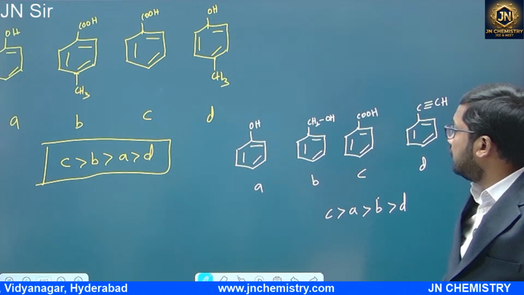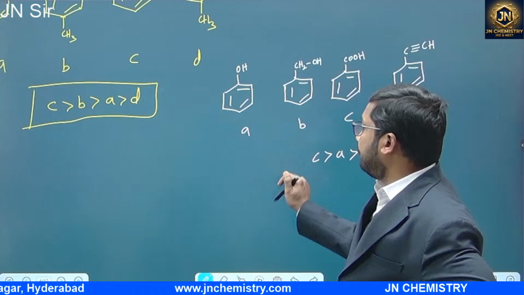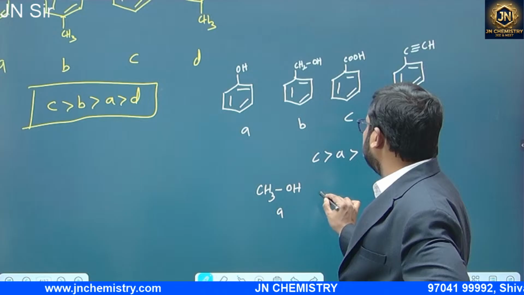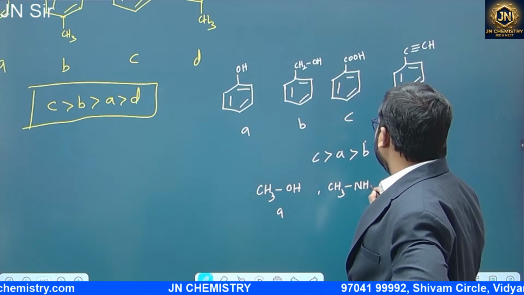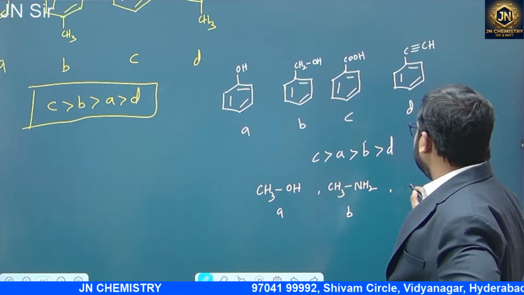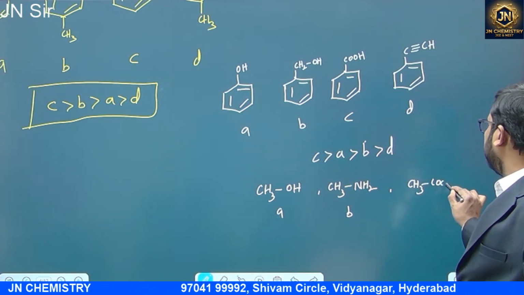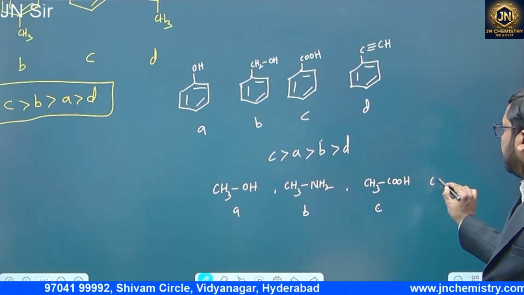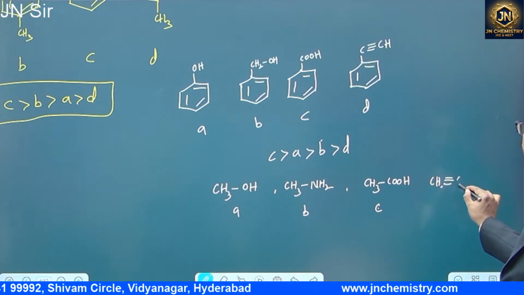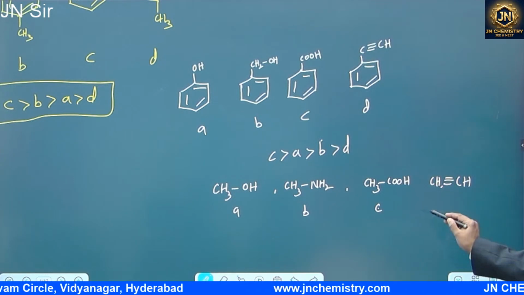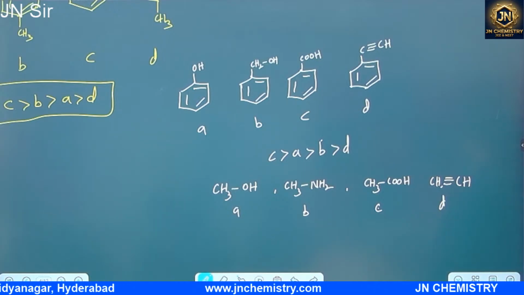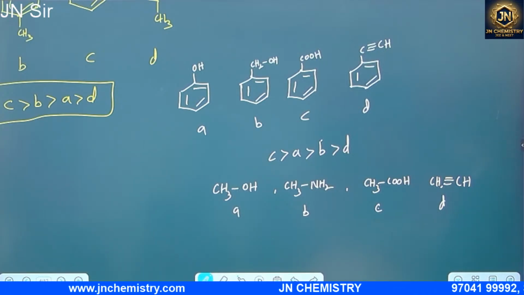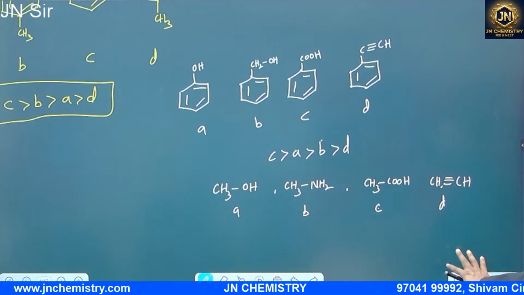Then write one more question. CH3OH, option A. CH3NH2, option B. CH3COOH, option C. And CH triple bond CH, option D. Acidic nature.